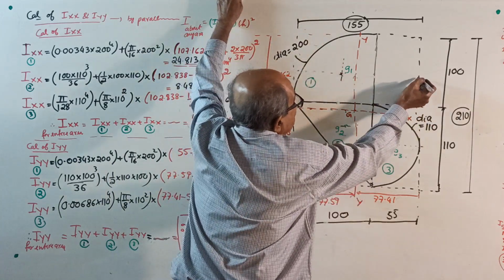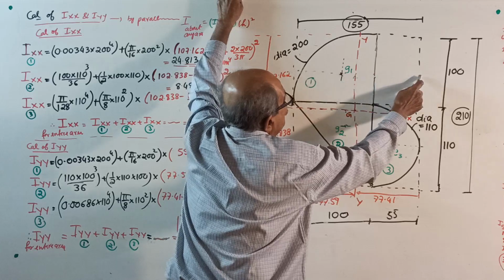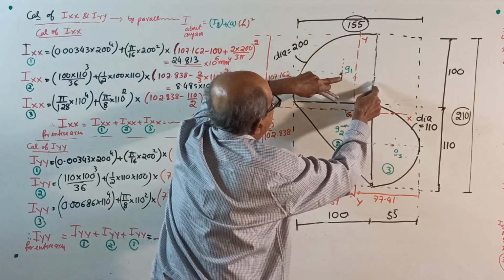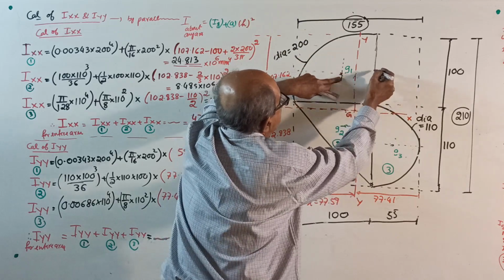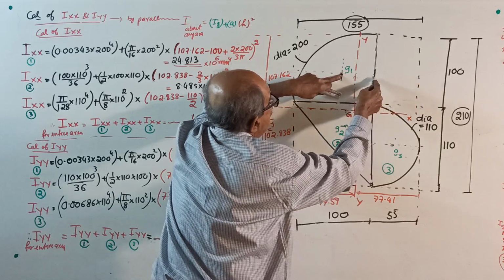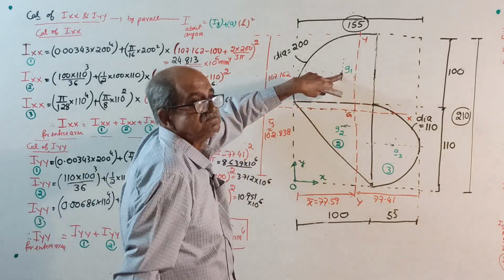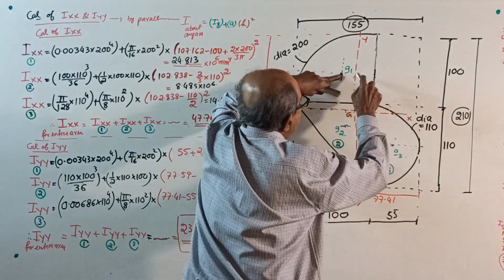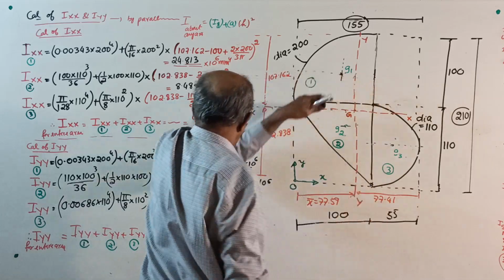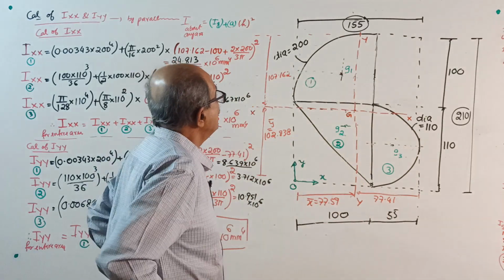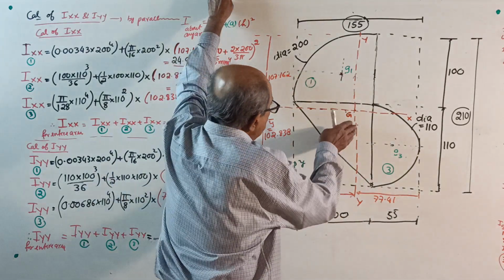From here to here is 55 plus 2d by 3 pi. That is from here up to here, and here up to here is 77.41. Subtract 77.41 square.